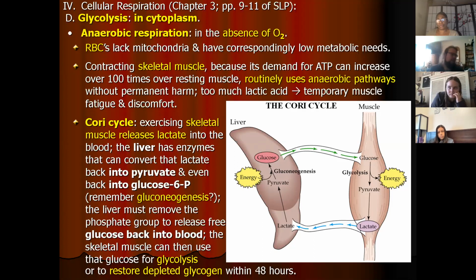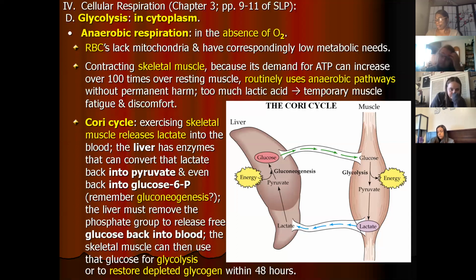And it does it again and again and again, and you're able to do anaerobic respiration longer because you're recycling the glucose. Getting only 2 ATP per glucose, you're going to expend your nutrient energy in a hurry. Here, you can make it last a little longer by the Cori cycle. Okay? Any questions?